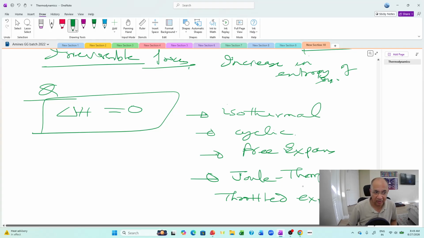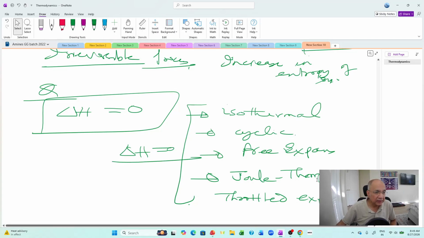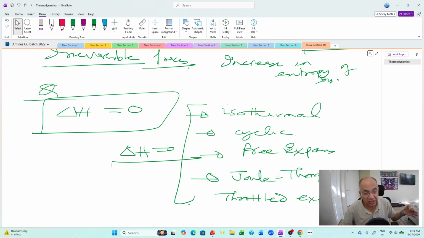That we will study later; there also del H is equal to 0. And all these processes with del H equal to 0 are called isoenthalpic processes. These 4 processes. Otherwise, there is a meaning to del H. The actual discovery or invention was from isobaric, but it has its importance in all processes except these 4.